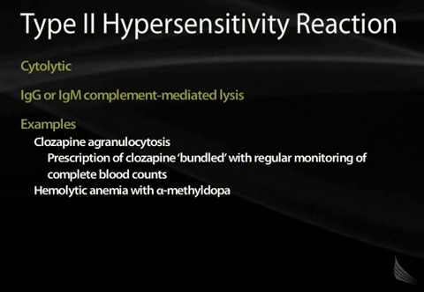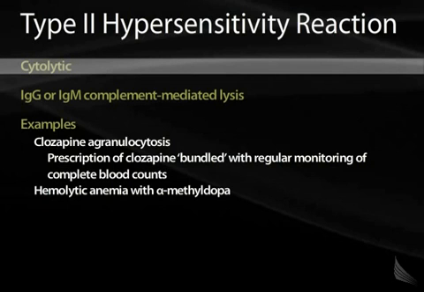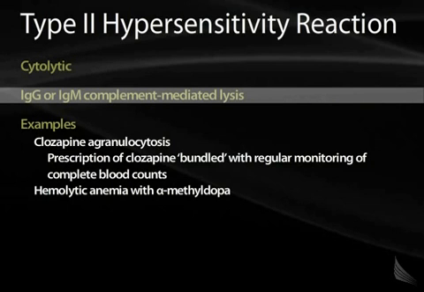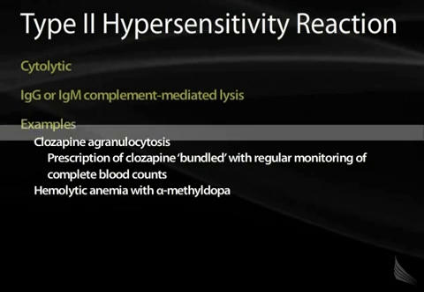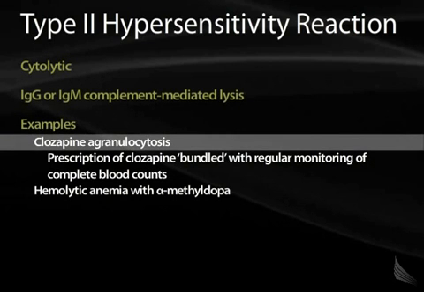Type 2 hypersensitivity reactions are generally considered cytolytic reactions, where IgG or IgM causes complement to fix onto host cells and cause lysis of those cells. An example of this is clozapine, the atypical antipsychotic, causing agranulocytosis.